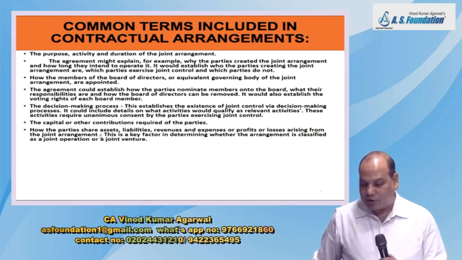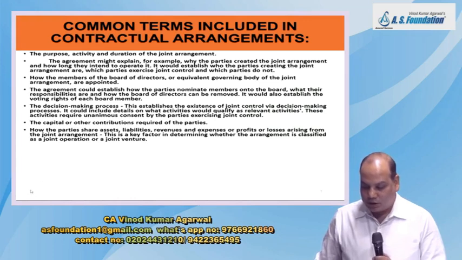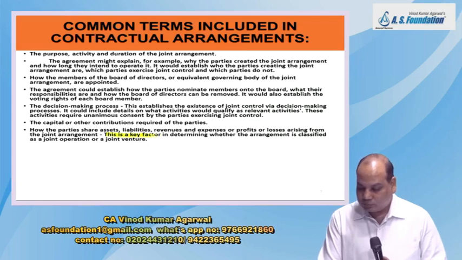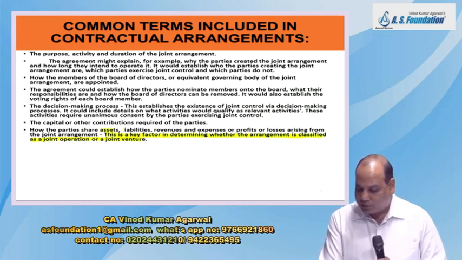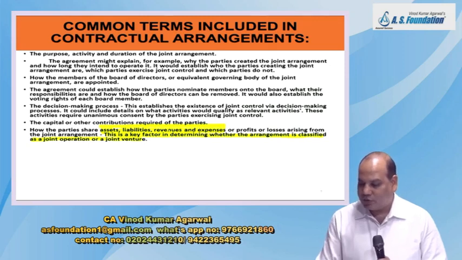Then capital or other contribution required. How the parties will share asset, liability, revenue, expense or profit or losses arising from joint arrangement. And I have written a comment also, that this is one of the key factors in establishing whether it is a joint operation or a joint venture. If the asset, liabilities, revenue, expenses are shared separately, then it is likely to be a joint operation.